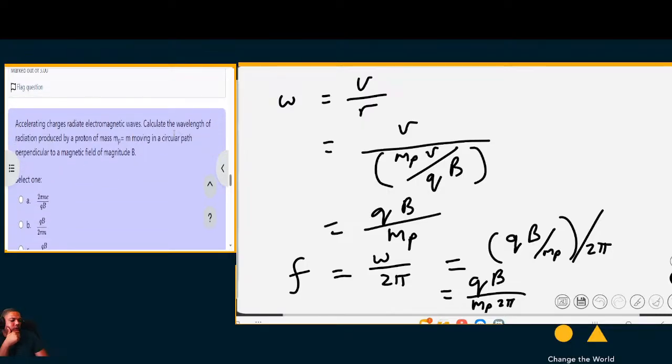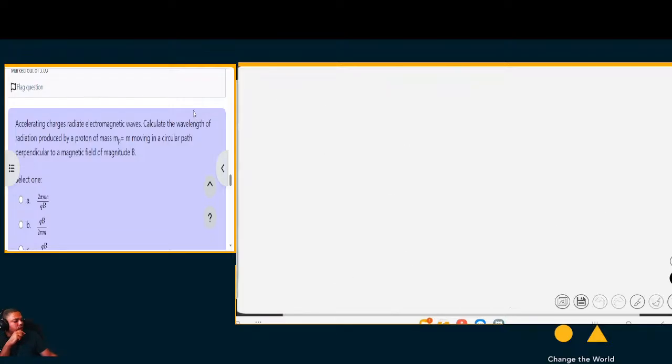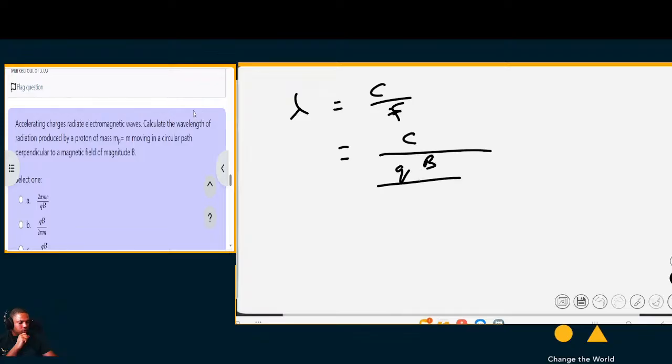Calculate the wavelength. Now how is wavelength related to frequency in an EM wave? Wavelength is equal to the speed of light divided by the frequency. So c divided by the frequency we just calculated, qB over 2 pi times the mass of the proton.